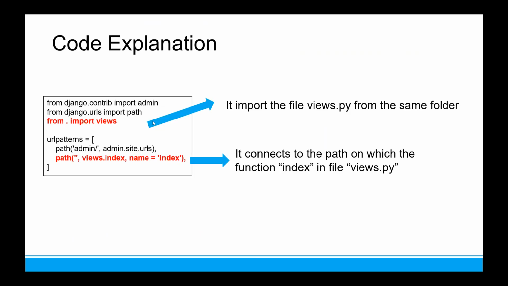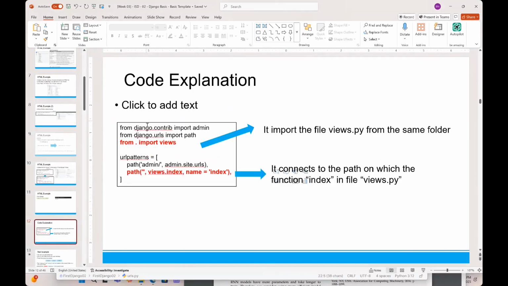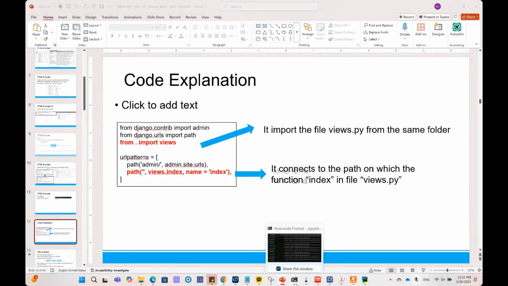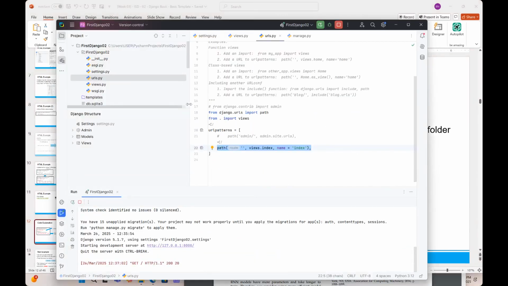Okay, now let's see if I change a little bit. Now I want to put the link as home. Okay, so I want to put this home in the path.